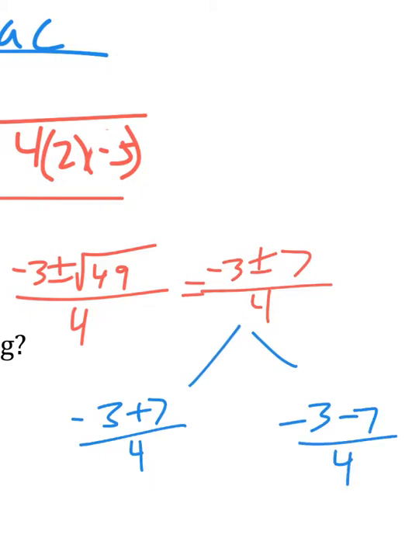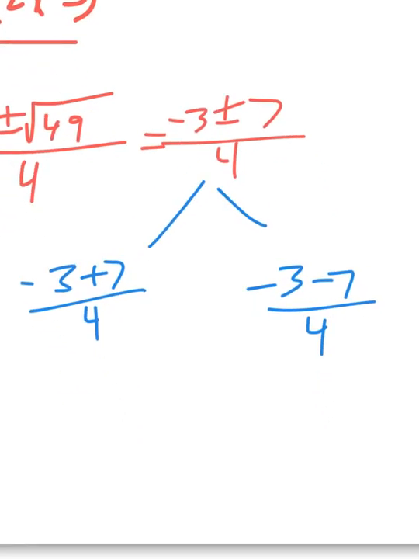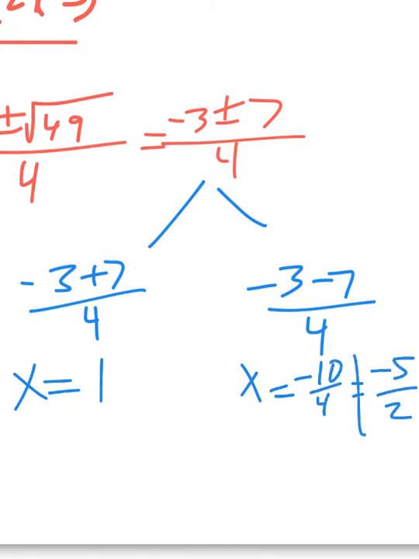Okay. And this makes 4 over 4, which is 1. Negative 3 minus 7 is negative 10. Negative 10 fourths or negative 5 fourths. 5 halves.